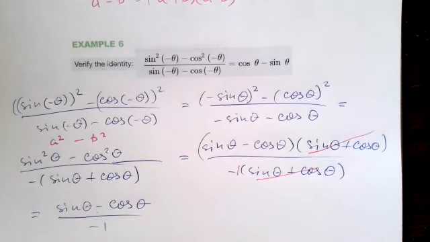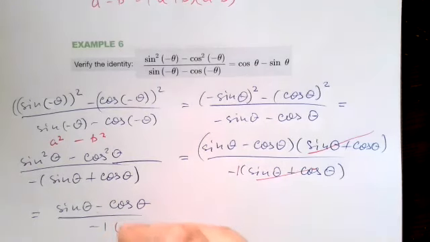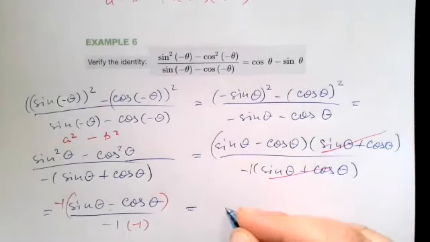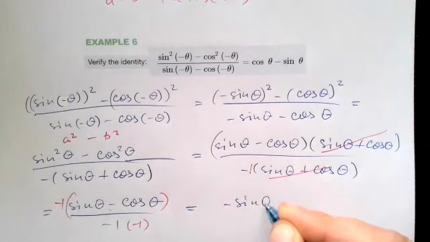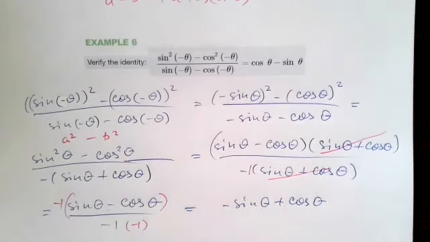So I could bring this negative to the top or to the front of the fraction, or I could just multiply the top and the bottom by that -1. And what am I going to have? Well, factoring the -1 in, I'm going to have negative sine theta plus cosine theta over a +1.